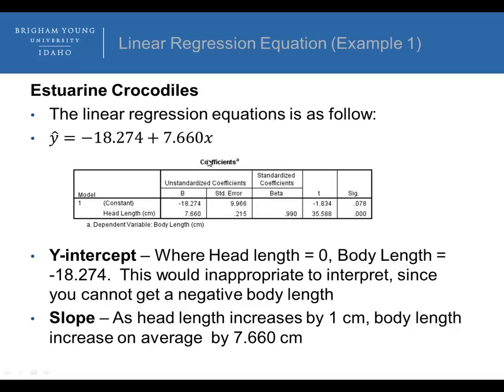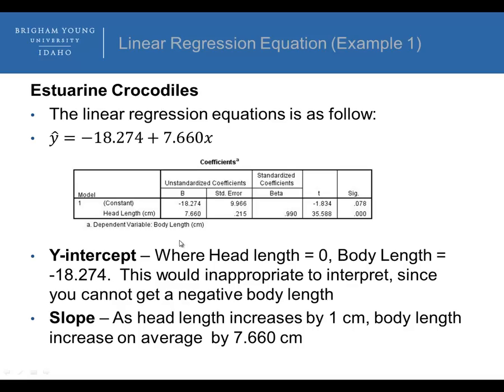How did I get those numbers? I got them from this SPSS table, and Excel has a similar table. I got the y-intercept from this number and the slope from this number. They're all under the column with capital B, and these represent our two b's, b naught and b1.